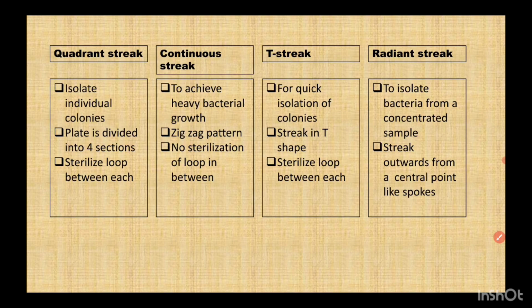So here is the differentiation between all four types of streak that we have studied. First is the quadrant streaking. The purpose of quadrant streak is to isolate individual colonies. The plate is divided into four sections and we sterilize the loop between each of the streaks. Next is our continuous streak. The purpose of continuous streak is to achieve heavy bacterial growth, in a zigzag pattern, and in between there is no sterilization of the loop.